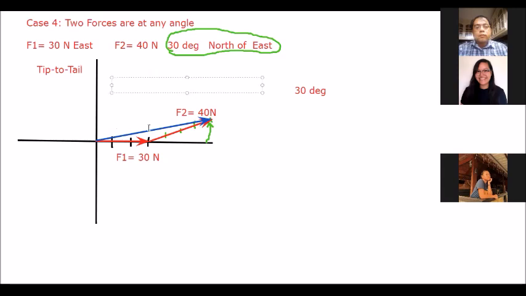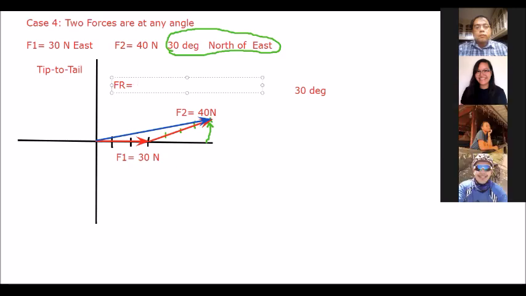Now, how many units is that? Who has a question? Please use your ruler and get the value of FR, please.